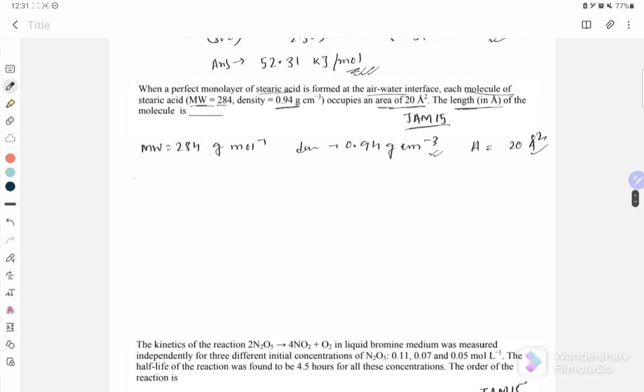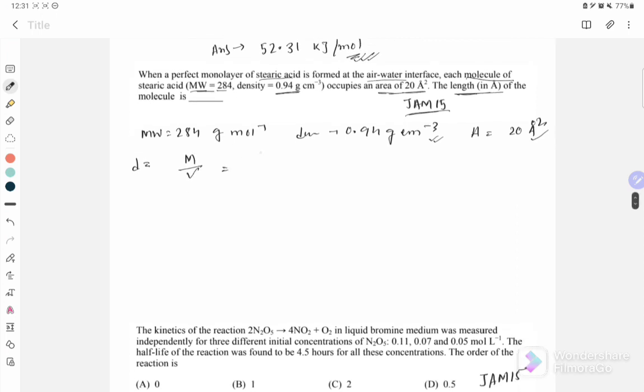We know that density is equal to mass by volume, that is m by volume, and volume is area into length. So our length will be m by A into d.